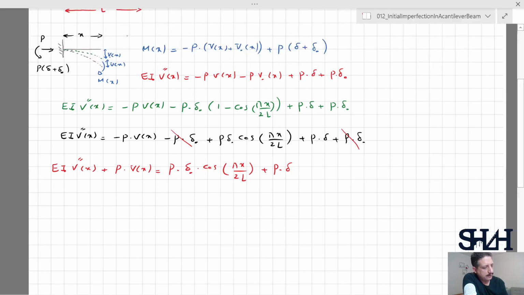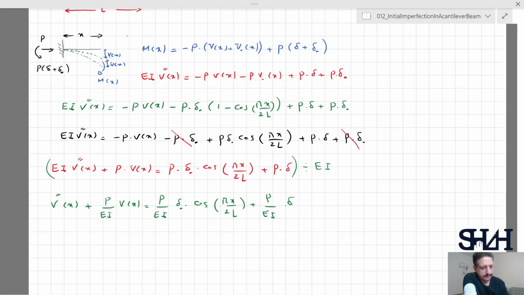If I divide the entire equation by EI, it will be second derivative of V plus P over EI V at x equals P over EI delta 0 cosine pi x over 2L plus P over EI times delta.